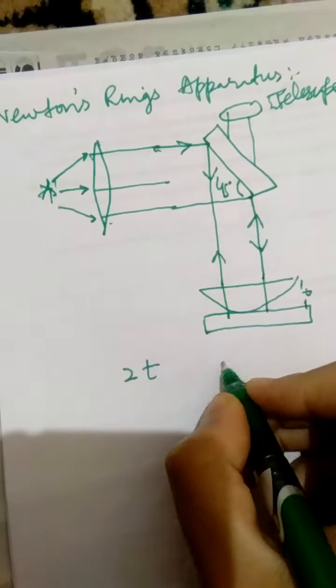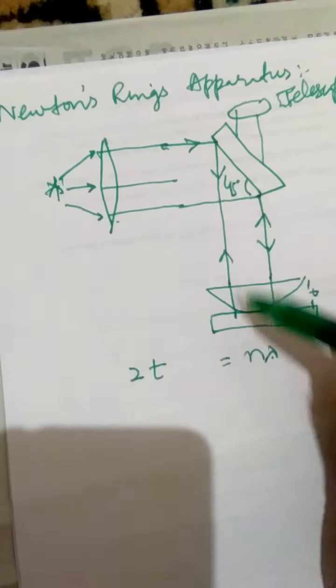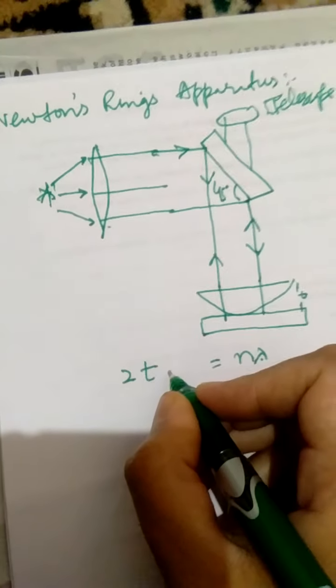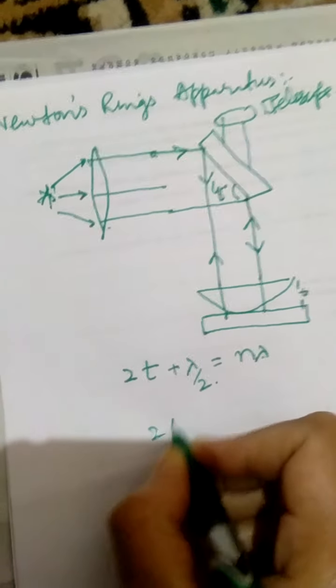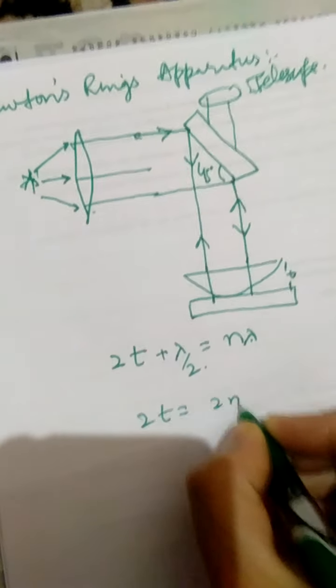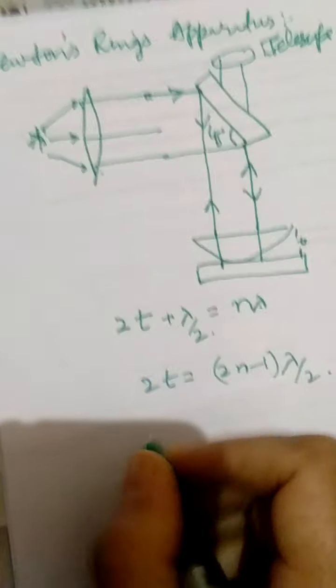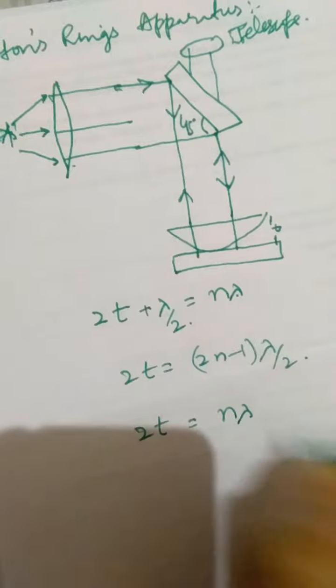And we know in case of constructive interference we put it equal to n lambda, but because reflection is involved, again we have repeated these things many times, an extra path of lambda by 2 will be involved. So 2T will be equal to (2n minus 1) lambda by 2 for constructive interference, and for destructive interference it will be 2T equal to n lambda, right?